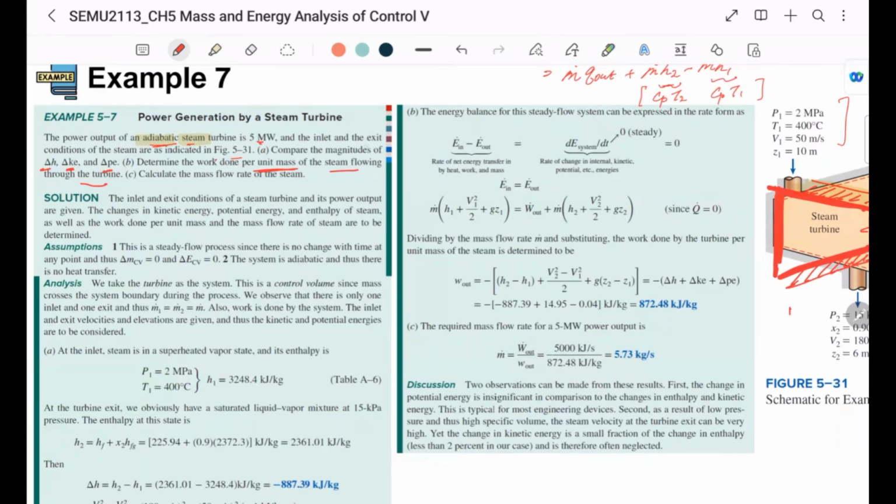So this is the E then, or the delta. And then calculate the mass flow rate of the system.